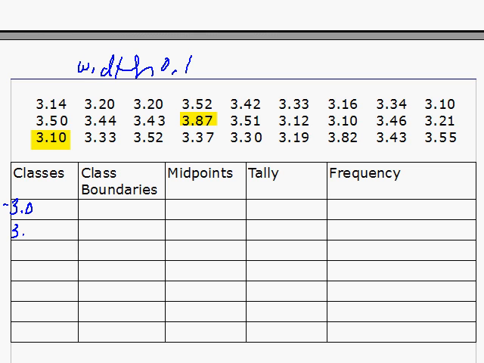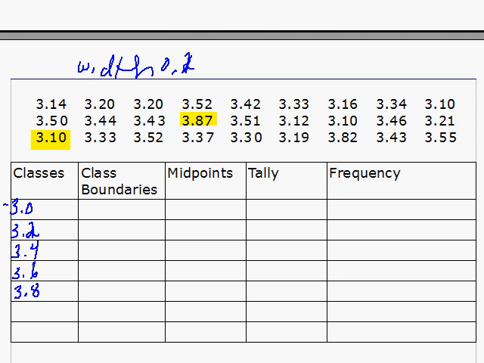So this will be 3.1. No, let's do it 2. Okay, so this would be better. 3.2. Then this would be 3.4, 3.6, 3.8. Okay, so I just wrote down the beginning numbers of the classes.